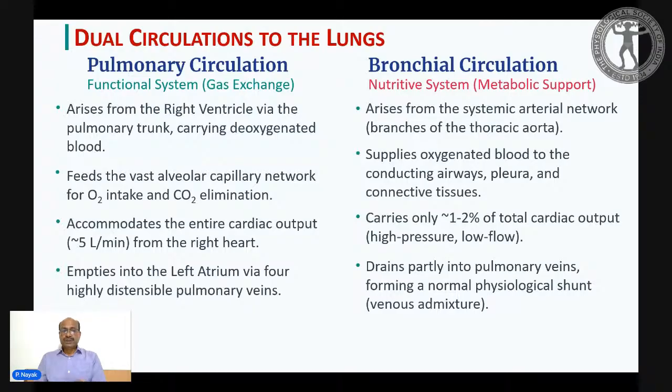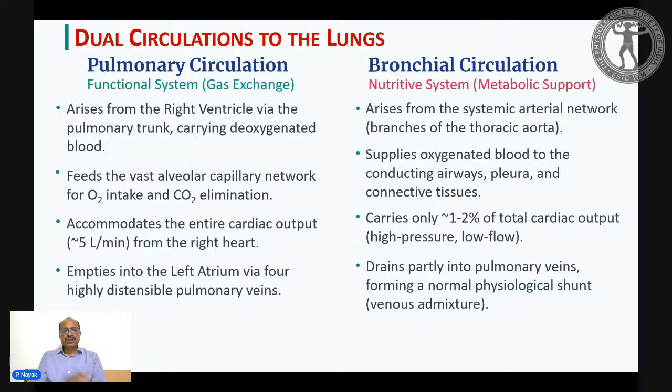So it is very categorically clear that the pulmonary circulation is only for gaseous exchange. Apart from that, there are some minor activities, as already discussed, like metabolic functions, emboli removal, and removal of some bradykinin and endothelin.